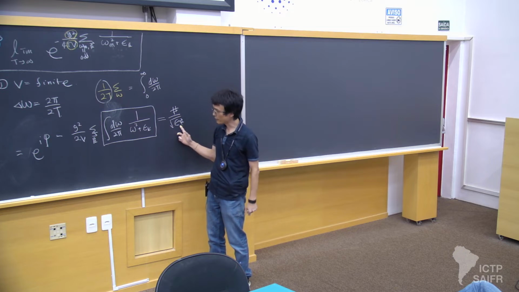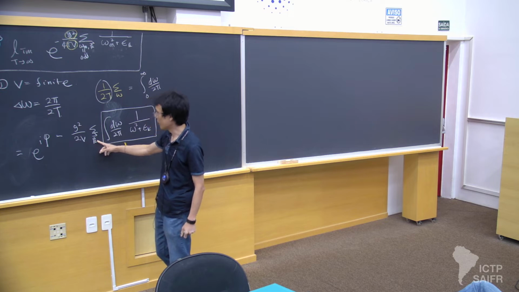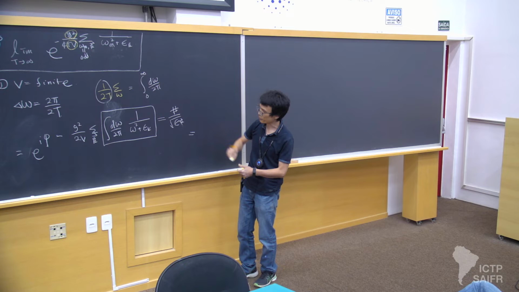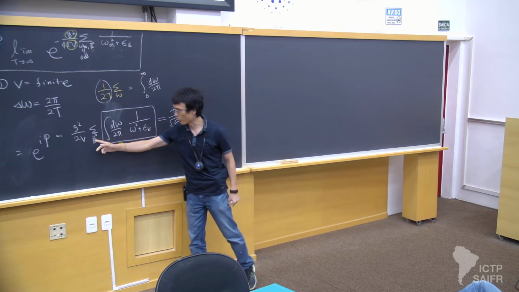And see here, okay, so let me ask, what do you think this number is, if you sum over all k here?